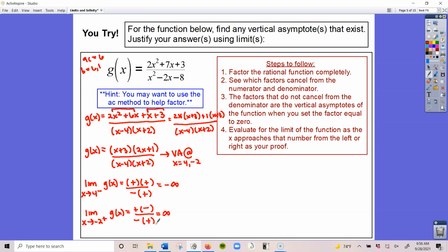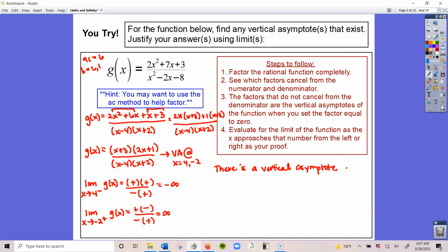Now that I've found my limits, I can prove that my asymptotes exist using those limits. So we would state, there is a vertical asymptote. Remember that here we need to write that out. VA is not an accepted mathematical abbreviation. So I use it for my notes, but in my final answer, I'm going to write it out.